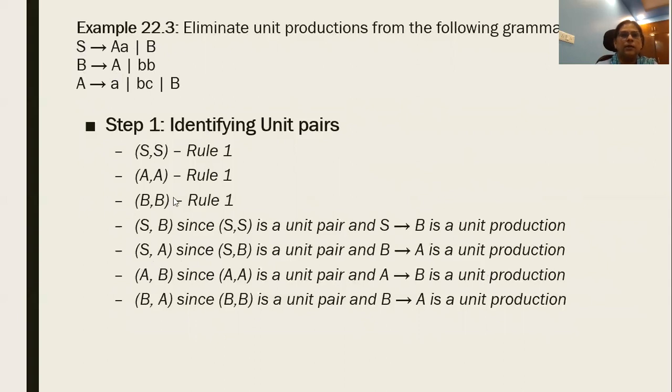Again, (A, A) is a unit pair and A derives B is a production, hence (A, B) is also a unit pair. (B, B) is a unit pair and B derives A is a production, hence (B, A) is also a unit pair. So this is the set of unit pairs that are present in this grammar.